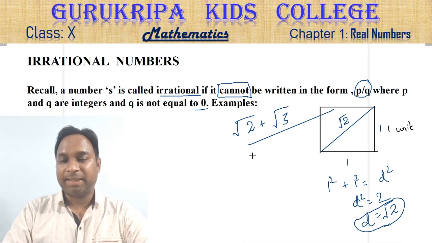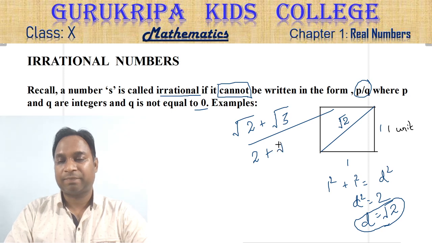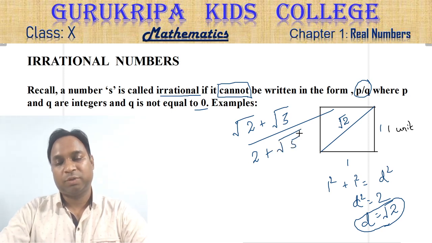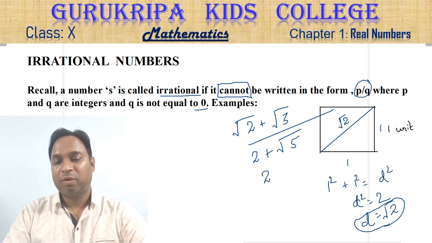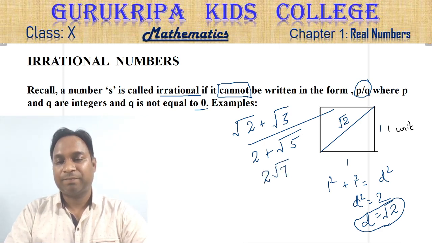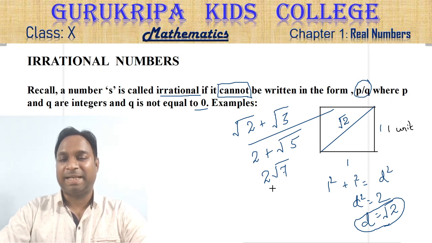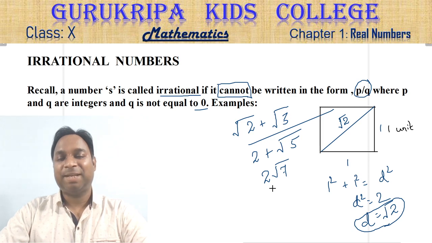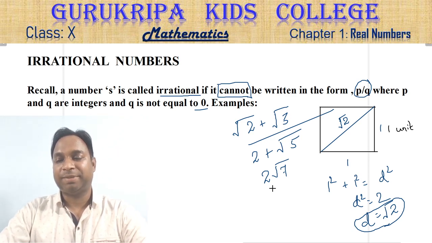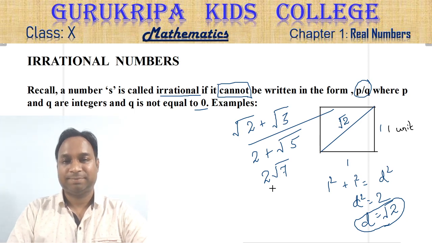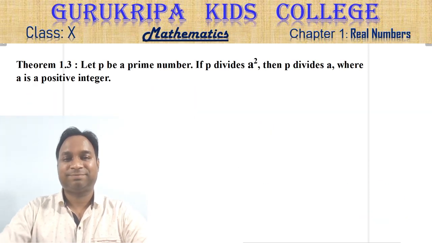If I add a rational number and an irrational number, will it be rational? No, it will not be rational. We know all those things. If we multiply one rational and one irrational number, all of these will be irrational numbers. Yes, so there are many irrational numbers, as you can see now. There can be hundreds, thousands, and in fact infinite number of irrational numbers. Okay, let's move forward.